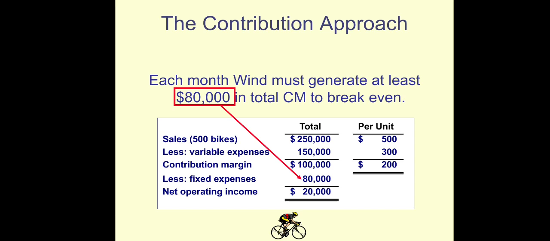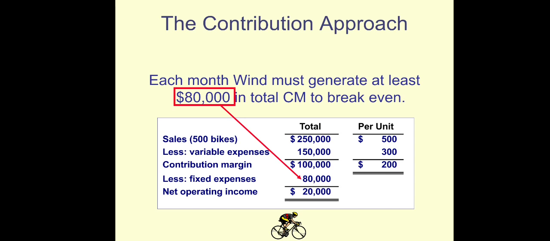Next thing, each month, Win must generate at least $80,000 in contribution margin to break even. You can see here, the fixed expenses of this business is $80,000. So it shows that every month this business has to generate at least $80,000 to break even.